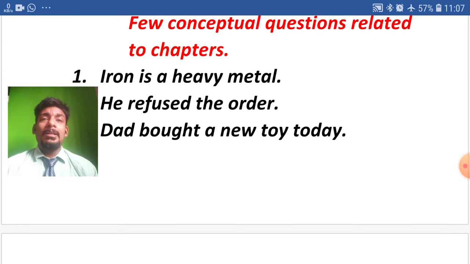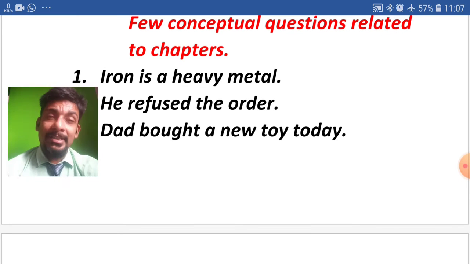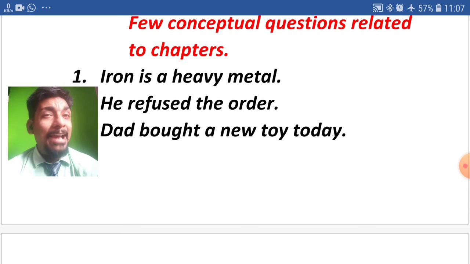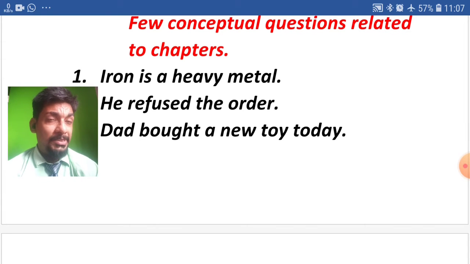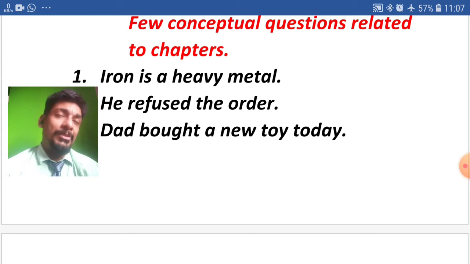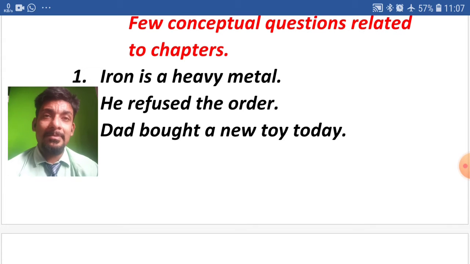Fine. Now, coming to question number 1, where I have written, iron is a heavy metal. In this particular sentence, iron is the subject, my dear students. Is is a verb. And the rest of the sentence, a heavy metal, is the object.